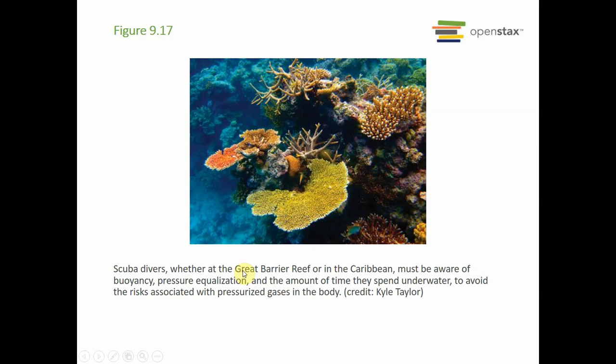Scuba divers, whether at the Great Barrier Reef or in the Caribbean, must be aware of buoyancy, pressure equalization, and the amount of time they spend underwater to avoid the risks associated with pressurized gases in the body. That's an aside: nitrogen dissolves in our blood at high pressures, and if we don't observe strict rules for resurfacing, and we resurface too quickly, the gases, nitrogen in particular, will boil out of our blood, causing a disease called the bends.